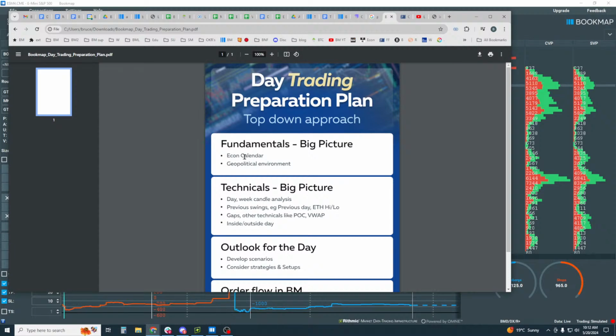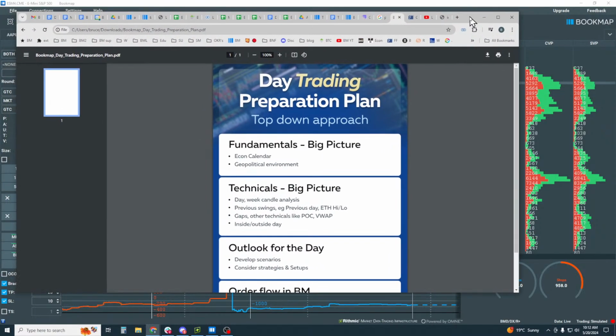Fundamentals, bigger picture, economic calendar, what's on the calendar. We know that news drives the markets, and the geopolitical environment as well. Understand what's going on out there. Right now, we have data later in the week, FOMC meeting minutes, and the NVIDIA earnings release.